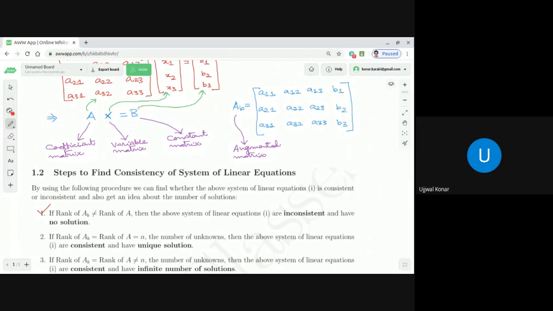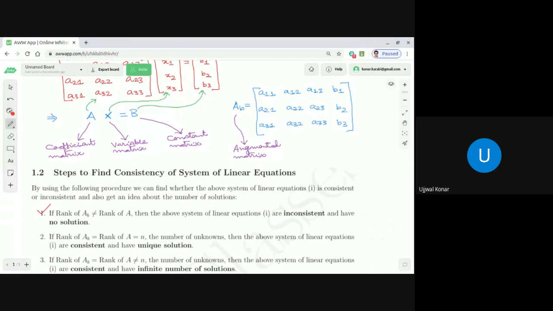So I repeat, dear students, if the rank of the augmented matrix is not equal to the rank of the coefficient matrix, you can simply say that the system of linear equations is inconsistent and has no solution.